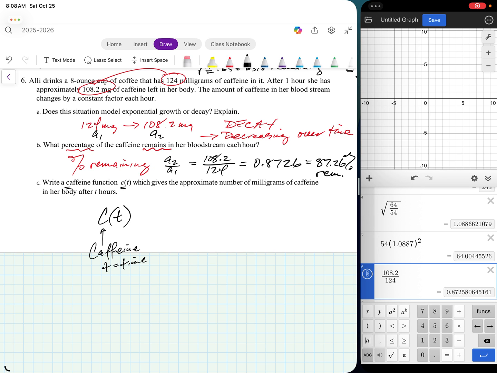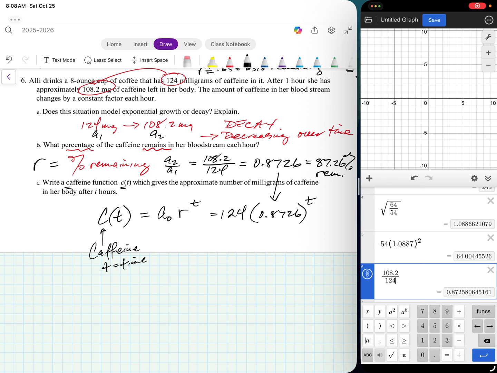The initial value is a sub 0 times r to the t power. So what do we have? We initially have 124 milligrams. Our percent remaining, or common factor, the common ratio, by the way, is 0.8726, and you raise that to the t power.